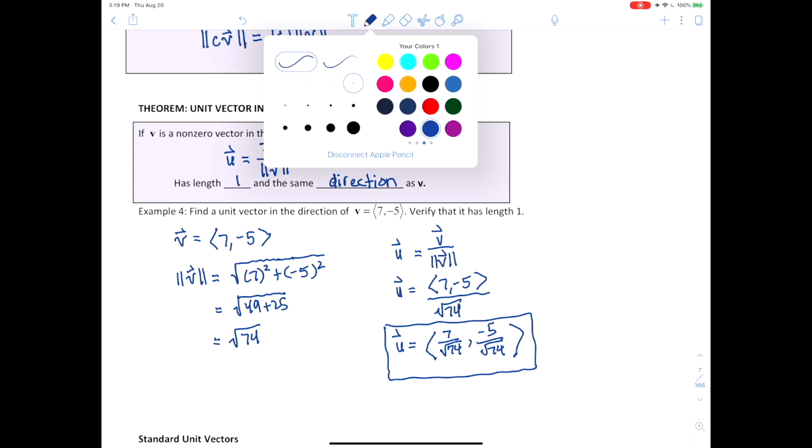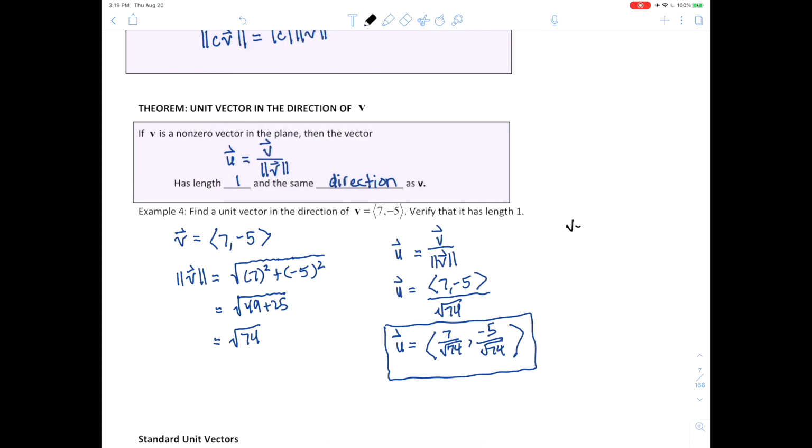So verifying, the magnitude of U is going to equal the square root of (7 over root 74) squared plus (negative 5 over root 74) squared.